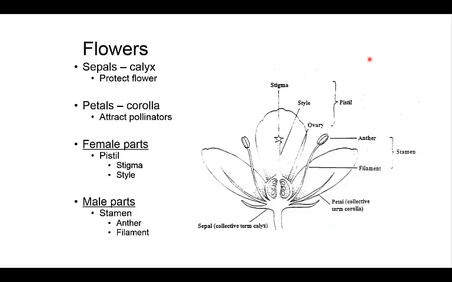So here you can see the pistil consists of the stigma, the style, and the ovary, and those are the female portions of the flower. The stamen, the male portion of the flower, consists of the anther and the supporting filament.